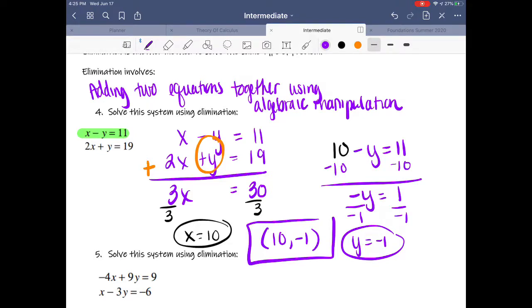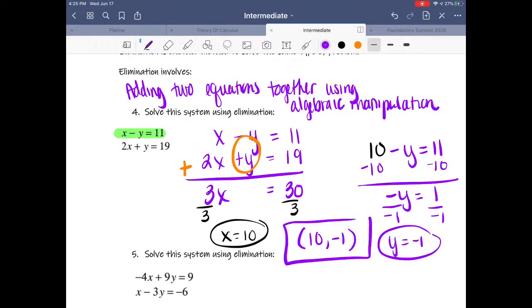You might be wondering what two lines. If I were to look at these two equations, I could get y by itself by, let's see, I could add y over and subtract 11. I could graph that. And then same thing for the next one, get y by itself.